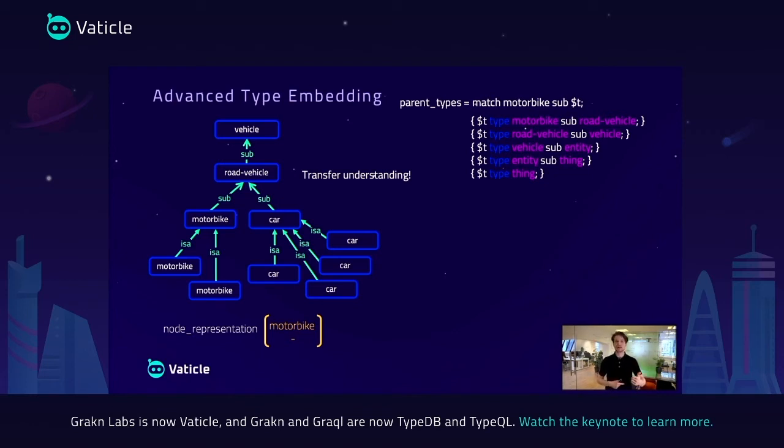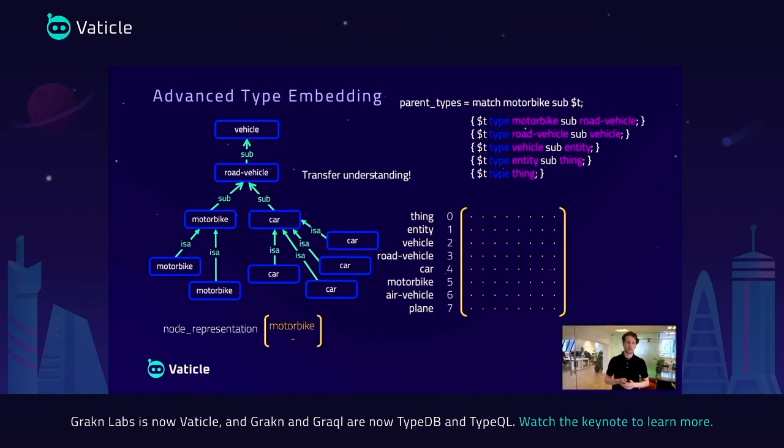So actually, in a strange feat of logic, it's actually true that motorbike is the supertype of itself. It should be in the results there. Then we see road vehicle, vehicle, entity, and thing. So this goes up even beyond what I've written in the hierarchy there on the left, because vehicle is naturally an entity, as we've represented with the block, and entities are all things. So we find all of these things are the supertypes of what we have available.